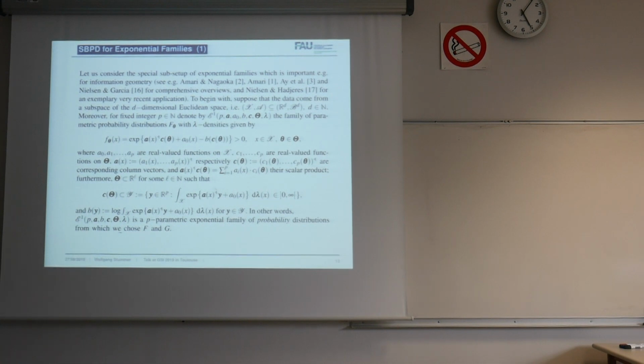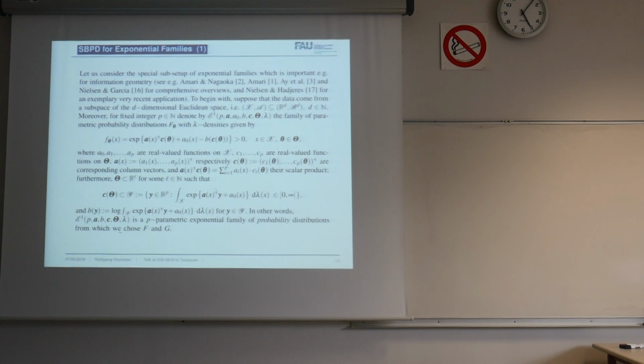So Frank also already made our mouths water that, of course, exponential families are very important for information theory, for geometry, for machine learning, artificial intelligence. And so we also used exponential families here even in a non-natural setup, quite general.